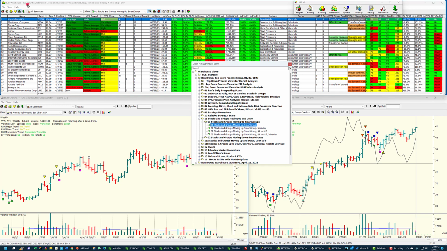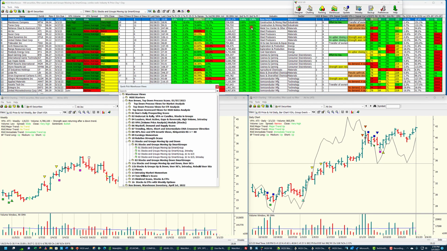Notice that when I click on here, there are 100 securities in here, and I'm in all securities. That's because it's accessing that group directly. So if I'm sorted on the raw combo, you can see that the combo is the industry's percentage price change one day, and that these industries are sorted according to that.